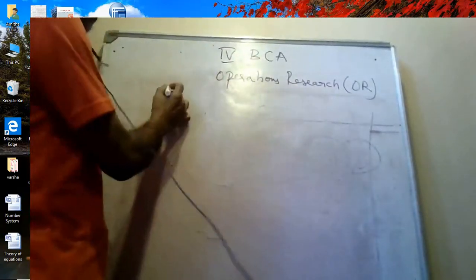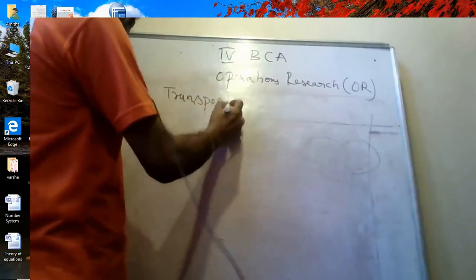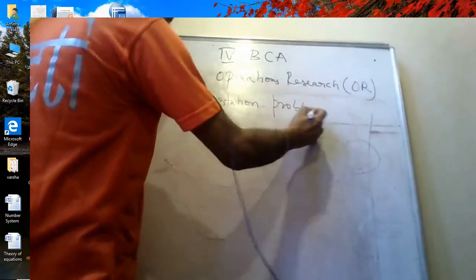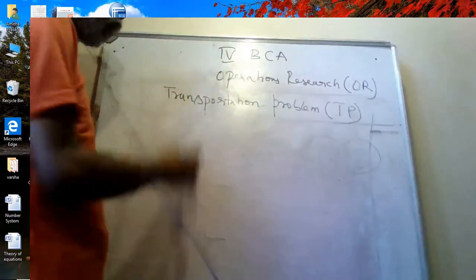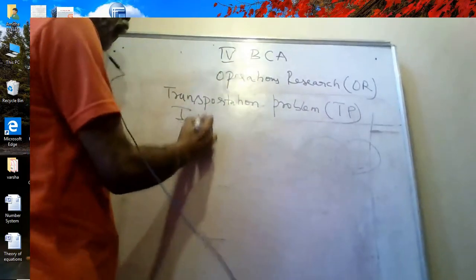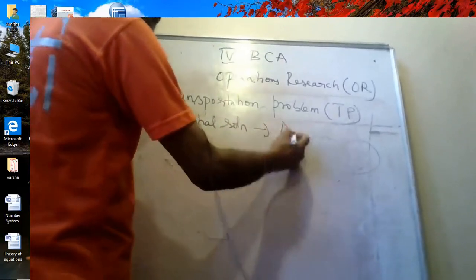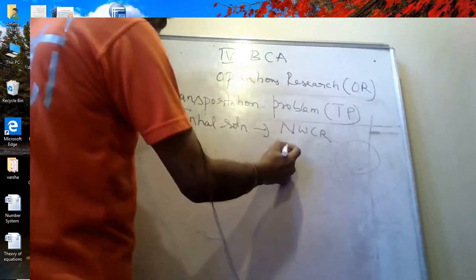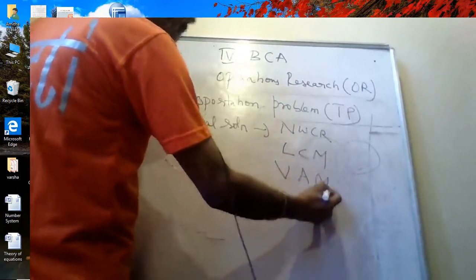See, in the class I have discussed the transportation problem, TP. So we had found the initial solution using the northwest corner rule, least cost method, and Vogel's approximation method.